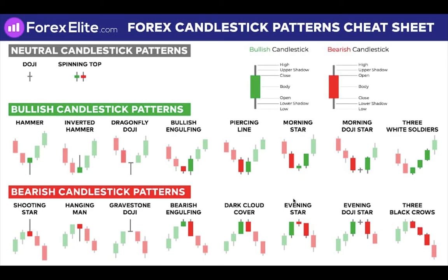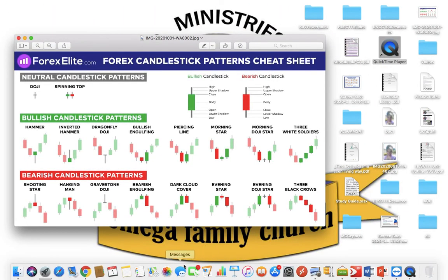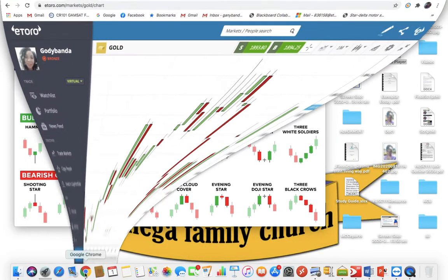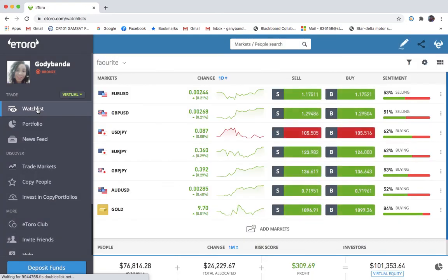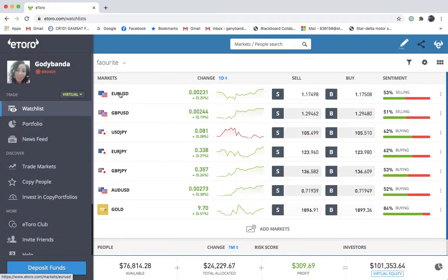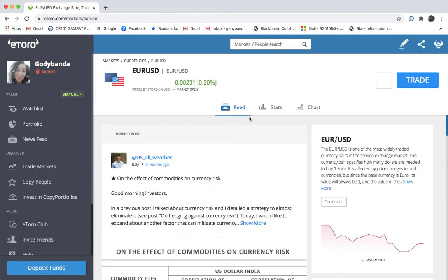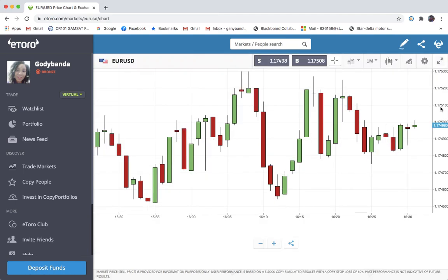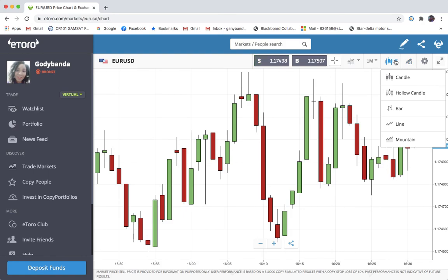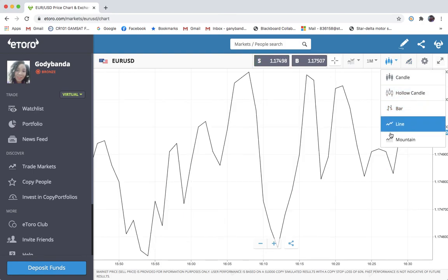Let's see if you are able to identify them in your eToro account. So in your eToro account, if you go to your watch list, you click on your currency, you click on chart, you'll see candles. If you want to change this to a line, you come here on the double arrow, you can change this into a line. There it is, a line.